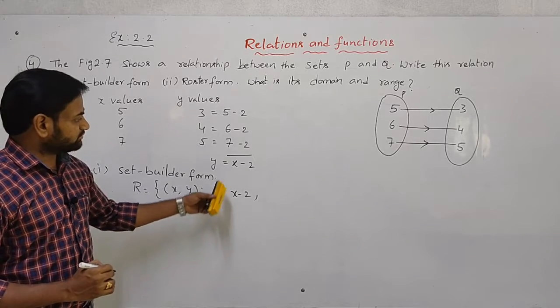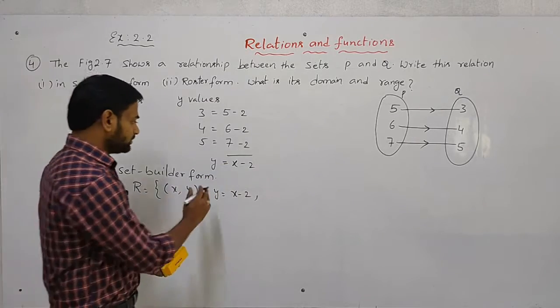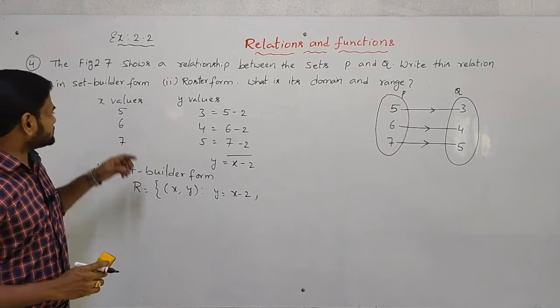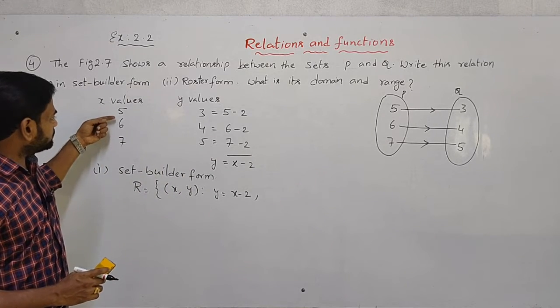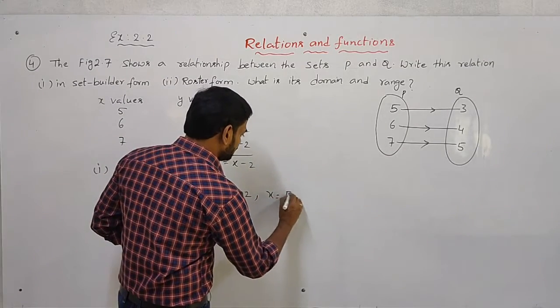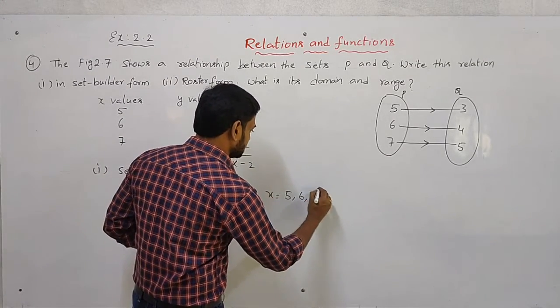That is the relation between x and y, y equal to x minus 2. And what are the x values? Here x equal to 5, 6, 7.